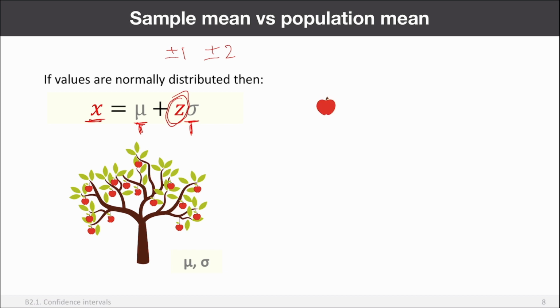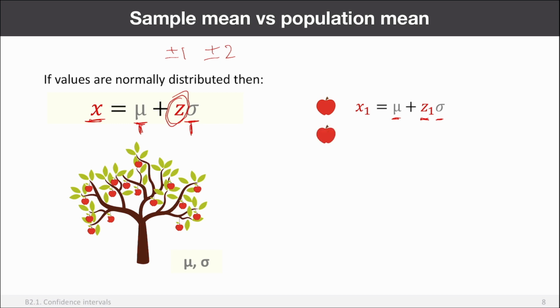Now, look, we want to calculate the average of several apples, right? But we know that the sugar content in every apple follows this expression. So the sugar content in the first apple is a sum of, first of all, the average of the population, which we don't know, and then a random value from the standardized normal distribution times the standard deviation of this population.